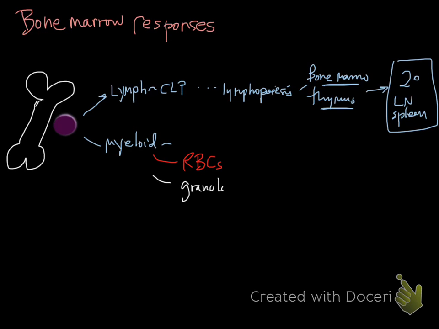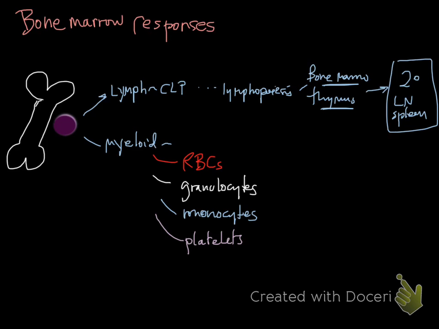So granulocytes including neutrophils, eosinophils. You can get monocyte production. And then the thing we haven't really talked about yet, which is platelet production.